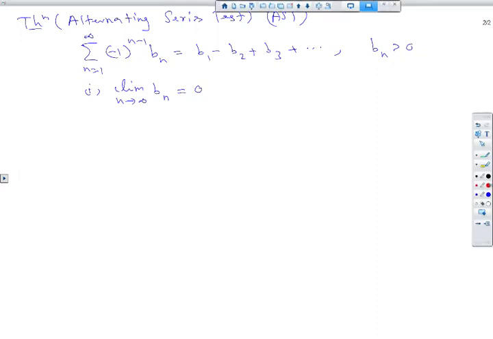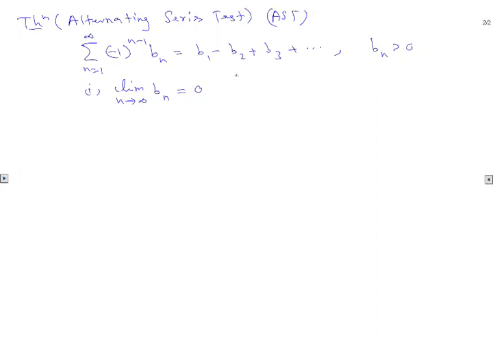So the interesting part is, if the limit as n goes to infinity of bn is not equal to 0, which means it does not exist or is some other number, then the series diverges.